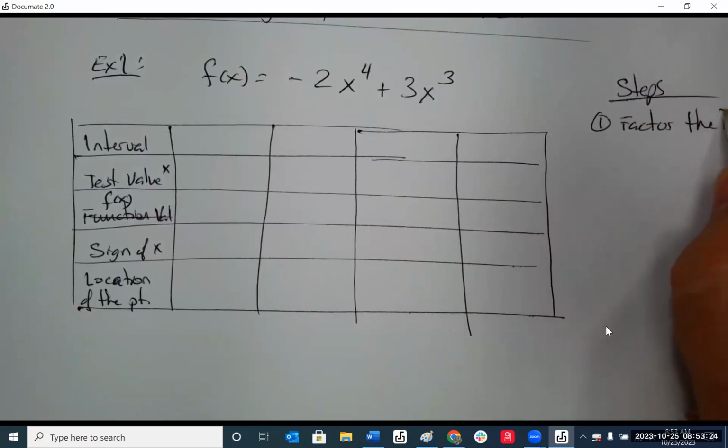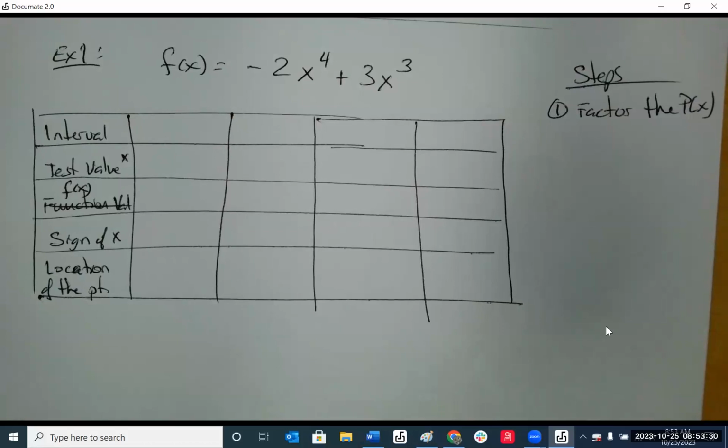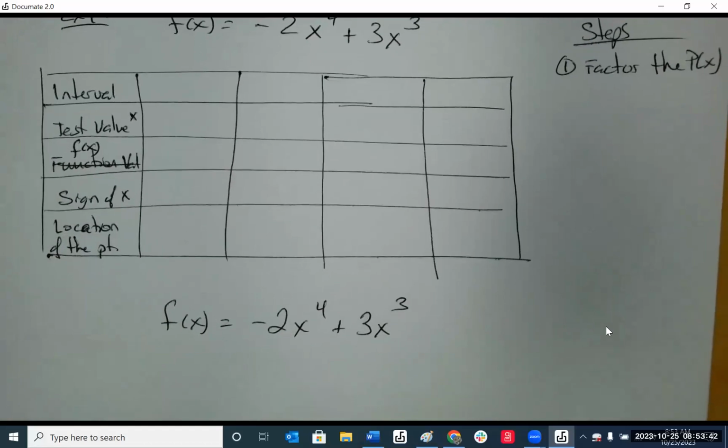Factor the polynomial. So in our case, we have f of x equals negative 2x to the fourth plus 3x cubed. Notice we only have two terms. Whenever you have two terms, you're either going to use the square root method or the factoring method.